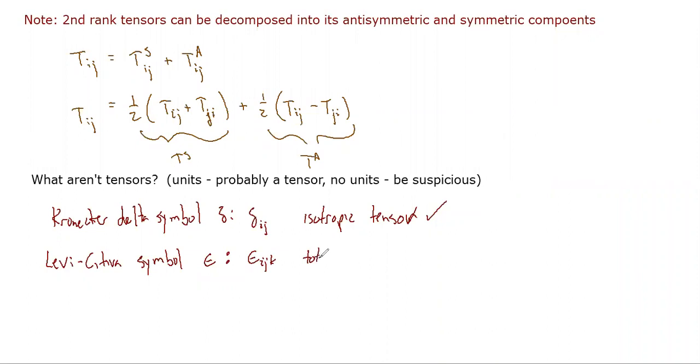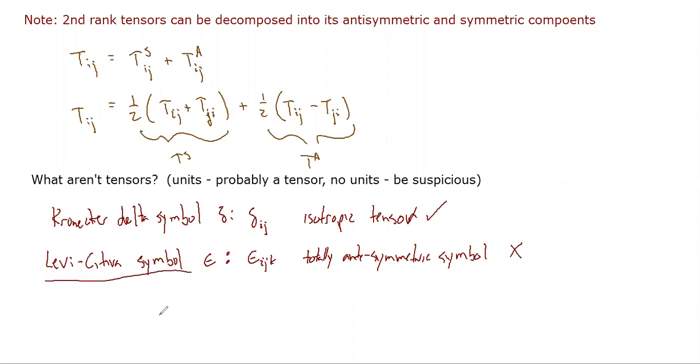It's called the totally anti-symmetric symbol, and we'll define it in a second. Turns out this is not a tensor, but it's pretty close.